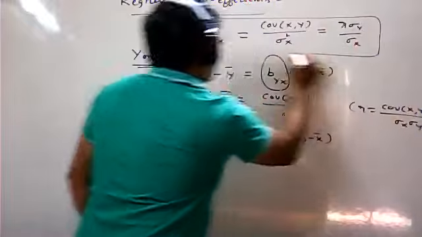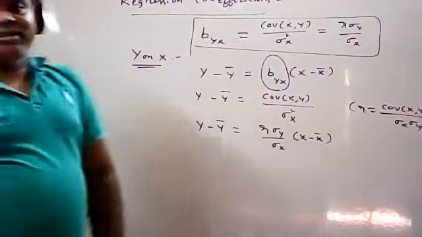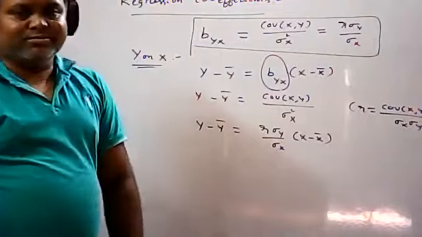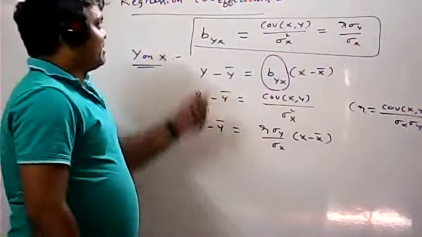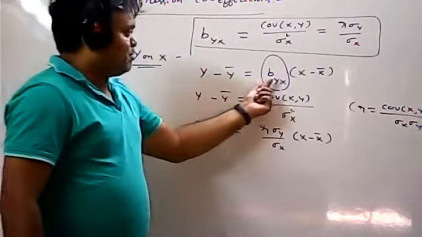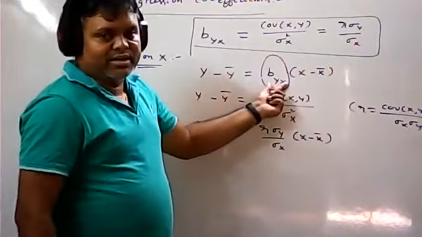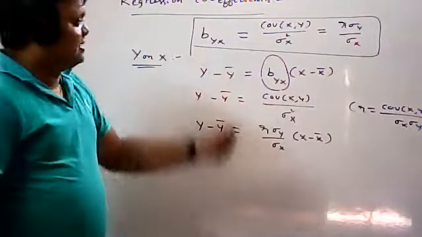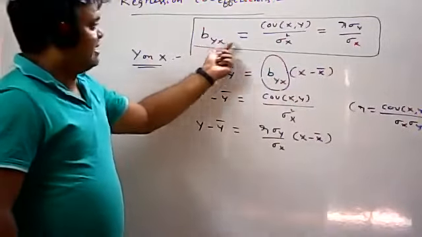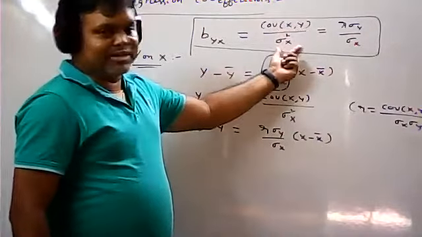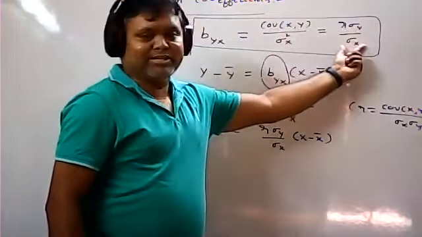Okay. So how many types of regression coefficients are there? There are two types. The first one is the regression coefficient of y on x. What do you mean by the regression coefficient of y on x? The slope of the regression line of y on x is called the regression coefficient of y on x. It is denoted by byx and is given by byx equal to covariance of xy by sigma square x, otherwise r sigma y by sigma x.